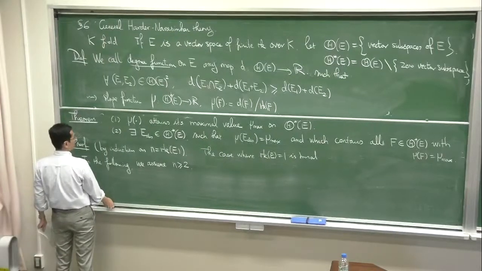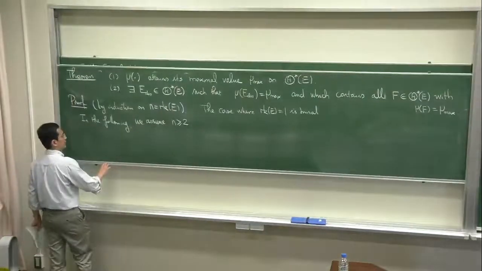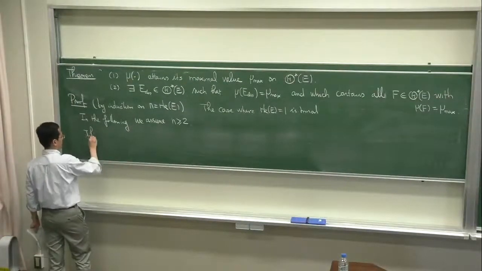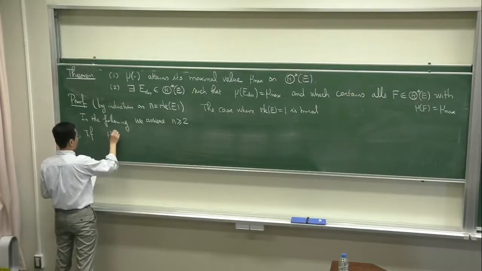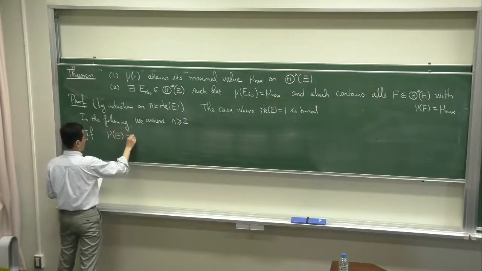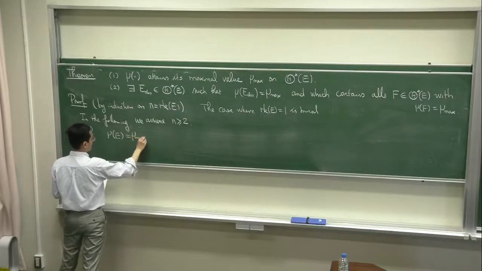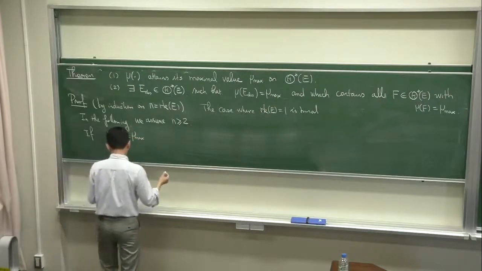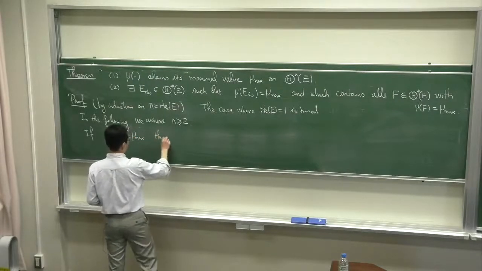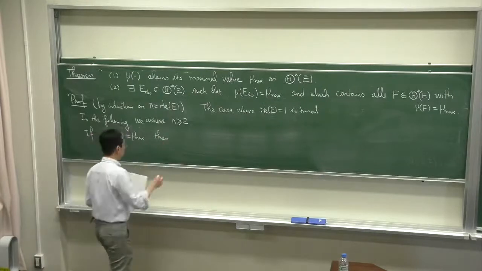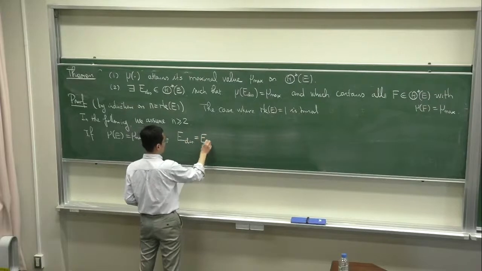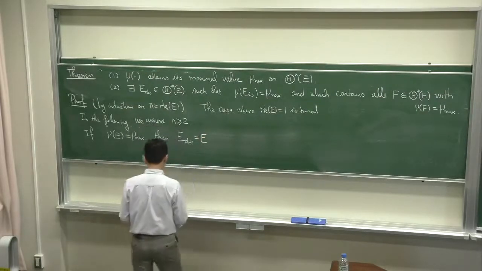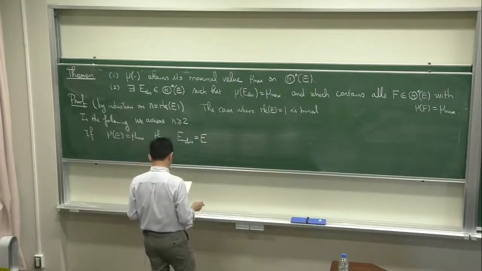There is a trivial situation: if mu of E is just the maximal value, then there is nothing to prove. Then the maximal value is attained, and E_DS is just E. So the statement is true.